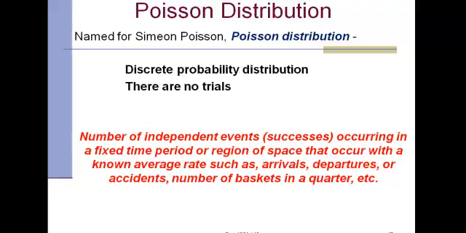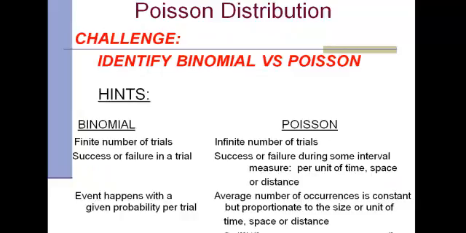The number of individual events represent successes that occur in some interval, such as a fixed period of time, a region of space, or that occur with an average rate, such as arrivals, departures, accidents, number of baskets in a quarter. What is the average in a period of time or in a period of space?